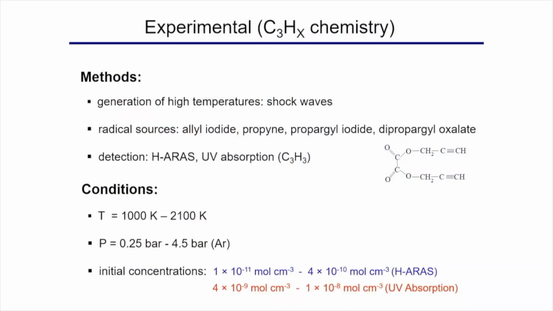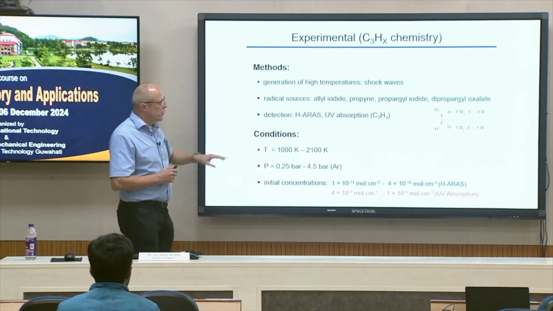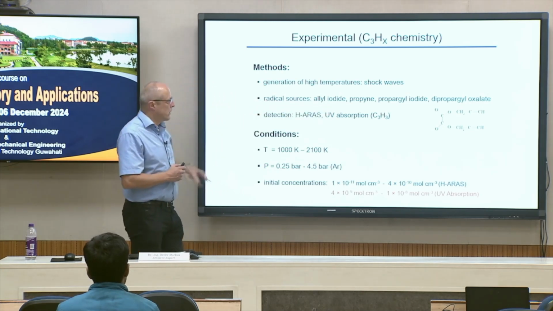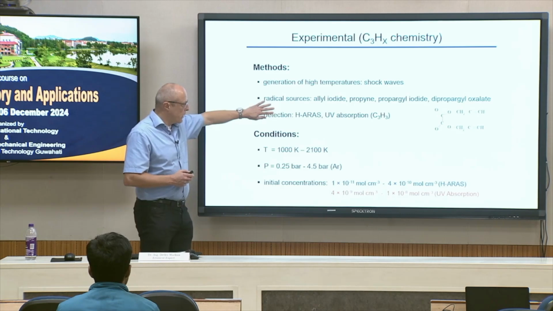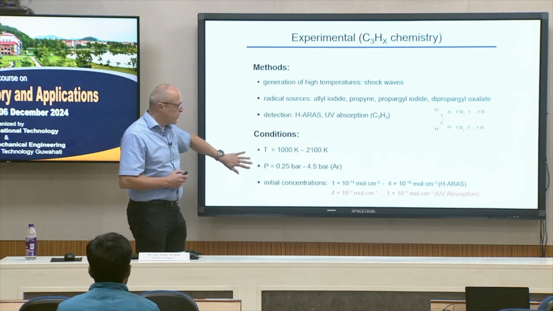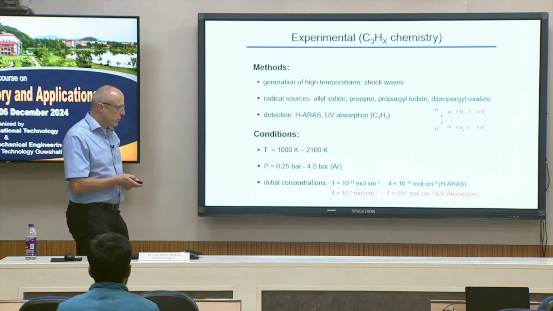So first of all, we have to produce high temperatures, so we can use the shock tube again. We have to produce radical sources, so we can use different molecules here, and we have our detection schemes I have explained before, and we have to consider different temperatures, different pressures, and different initial concentrations.